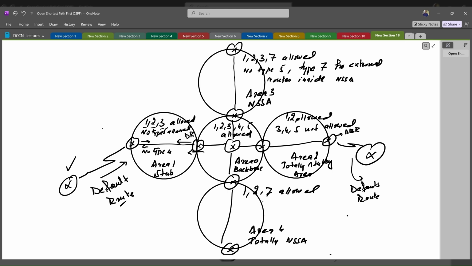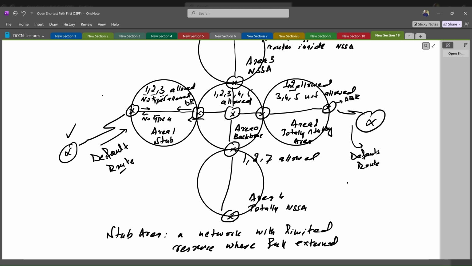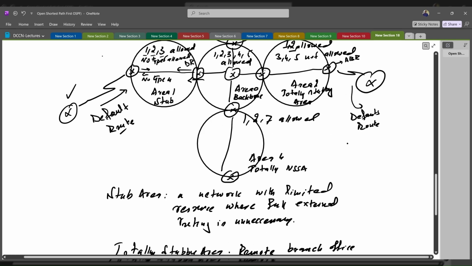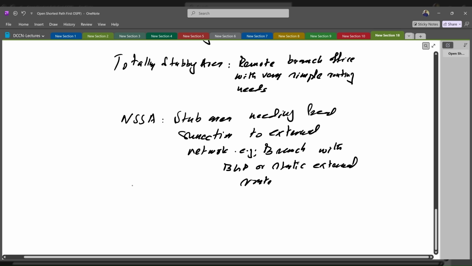So what is allowed in a totally stubby area? Look and tell me. In totally stubby area 1 and 2 are allowed, but 3 is not allowed. So 1 and 2 are allowed here, and then 7 is allowed here. So here we have 1, 2 and 7 allowed. No type 4 and 5. Okay, what can be the use case where we can have this totally NSSA, not so stubby area?